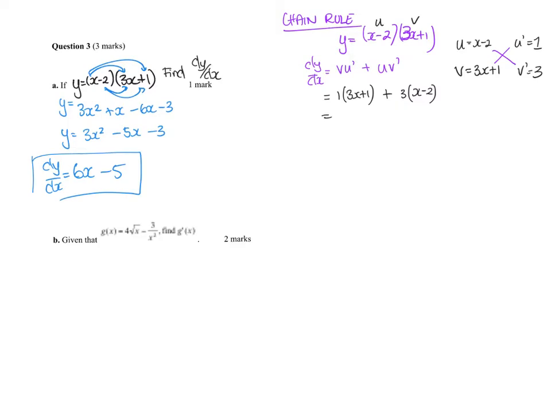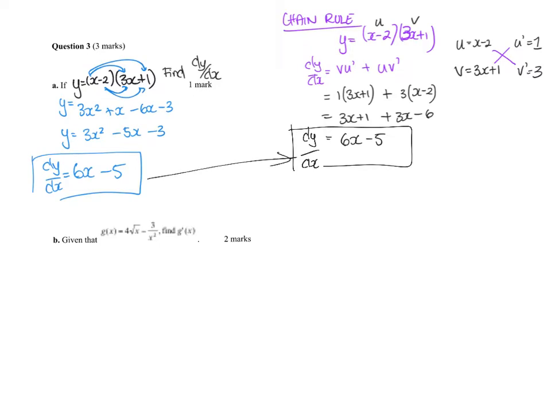If I expand that out, I've got 3x plus 1 plus 3x minus 6. Yeah? So then I have 6x minus 5. And that's the same, isn't it? Is that not the same answer? Same. Good. Okay, so let's do this next one.